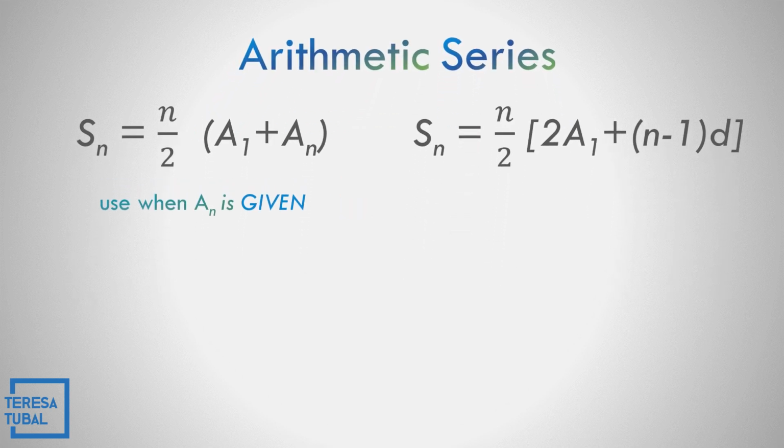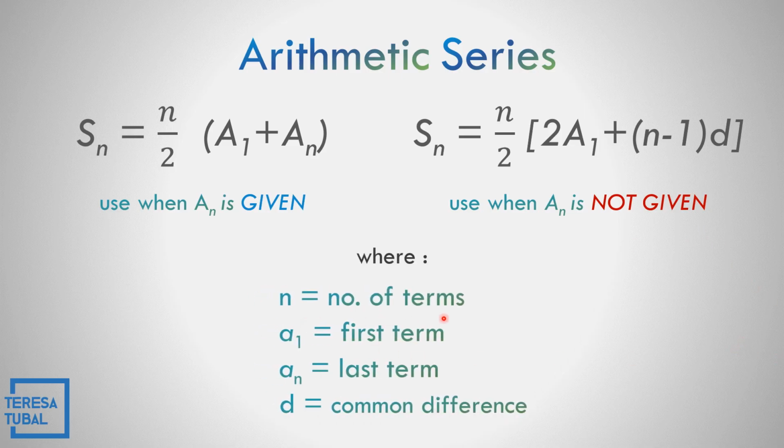The first formula is used when the last term is given, while the second formula is used when a sub n is not given. Again, n is the number of terms, a sub 1 is the first term, a sub n is the last term or the nth term, and d is the common difference.